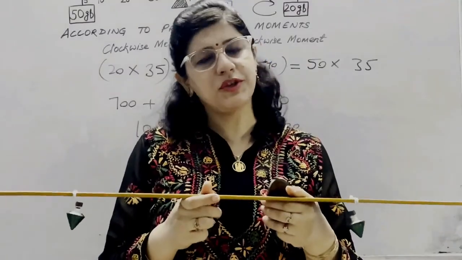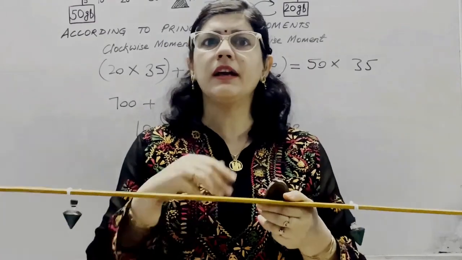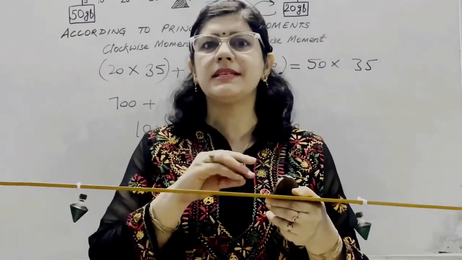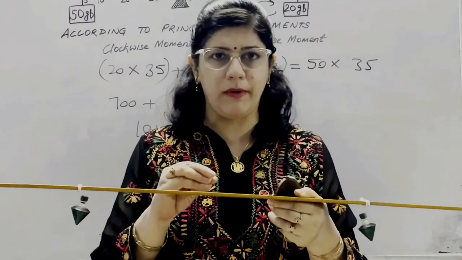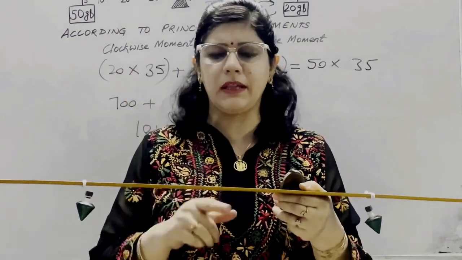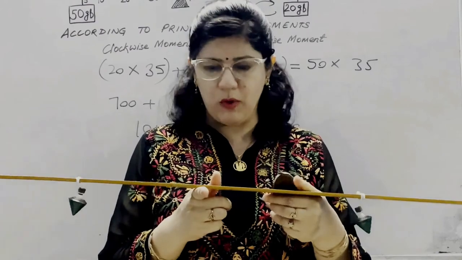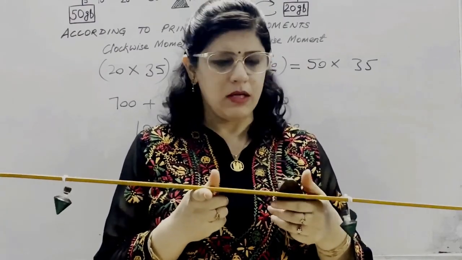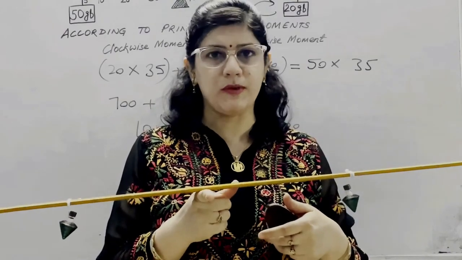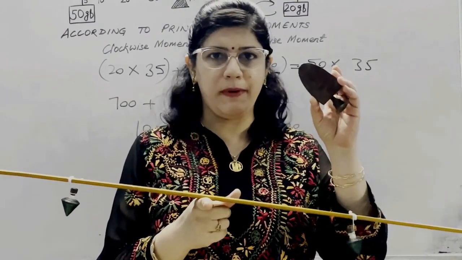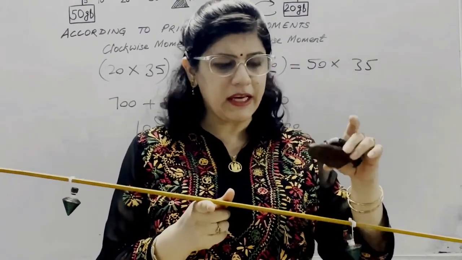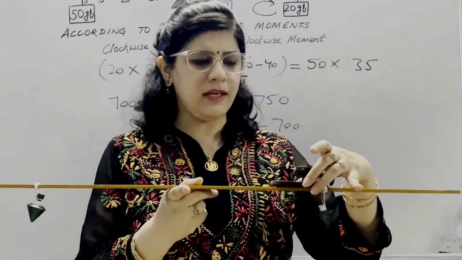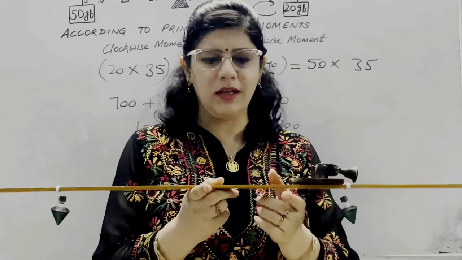Now you are in a position to understand that if the given weights are not of equal value, or you can say the scale is not in the position of equilibrium, even then we can bring it to the horizontal position. Suppose this scale is in equilibrium position. But what happens if we increase the weight on this side?